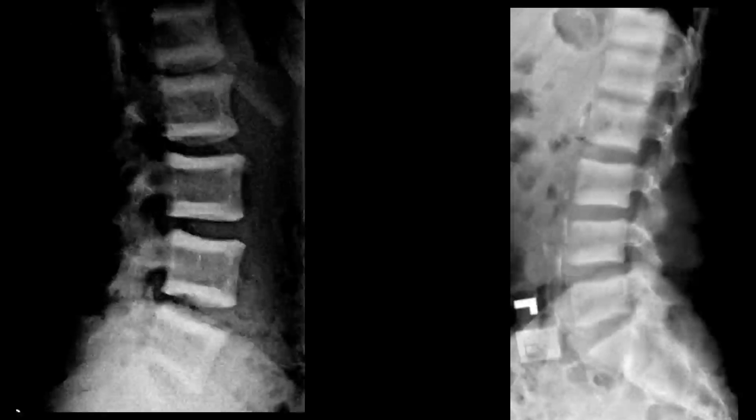The causes of Rugger Jersey spine are hyperparathyroidism and myelofibrosis. In myelofibrosis, hyperparathyroidism and chronic renal failure, you will see this particular appearance, called a Rugger Jersey spine.